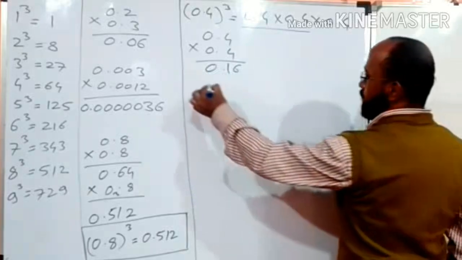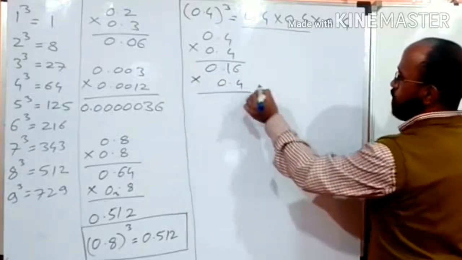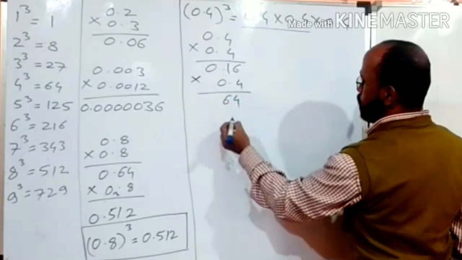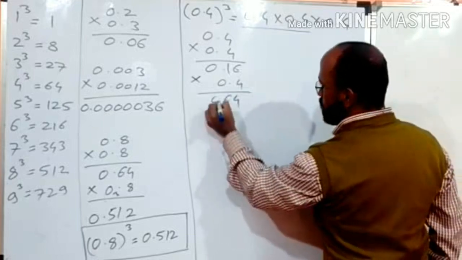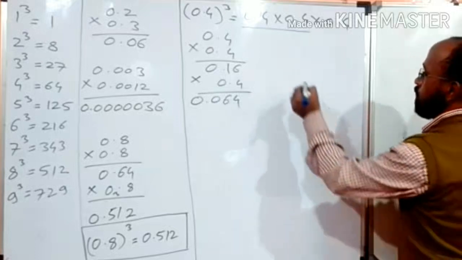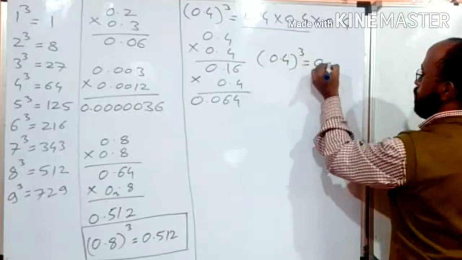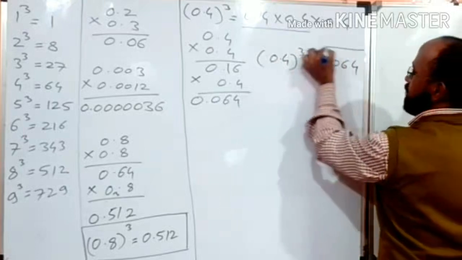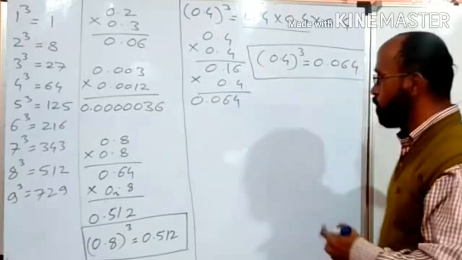Clear? Once again, 0.16 multiplied by 0.4. So the answer is 16 4s are 64. 1 2 3 decimal digits. 0.064. Therefore, 0.4 cube is equal to 0.064 is our answer. Okay friends, let us see one more example.